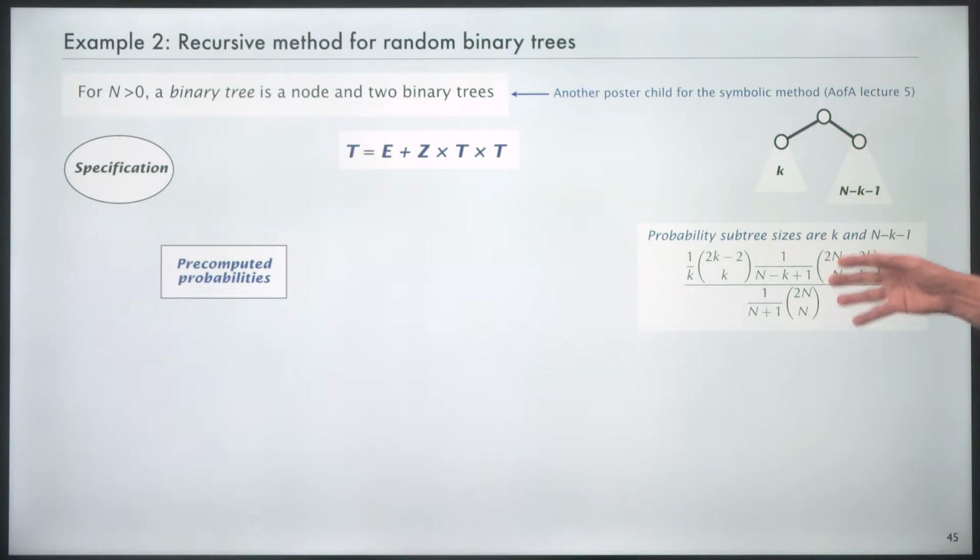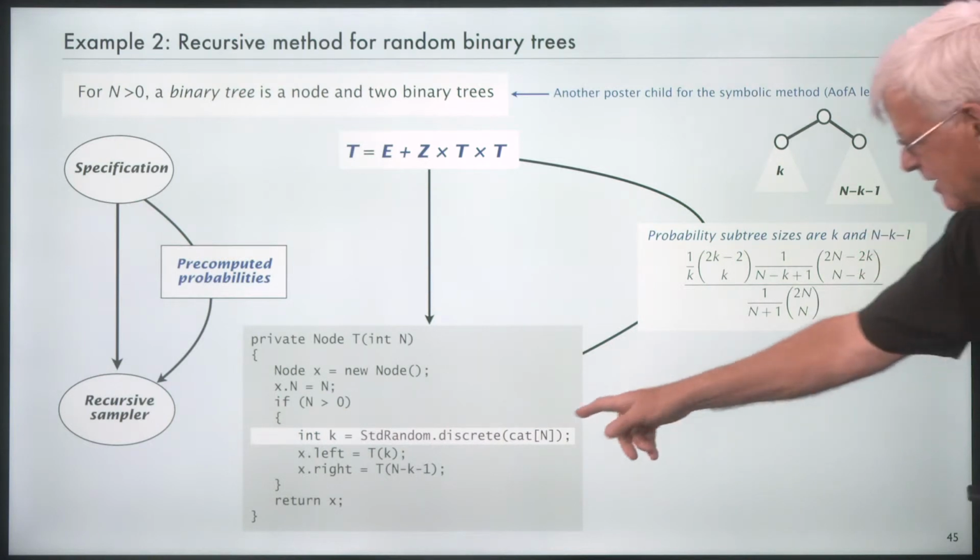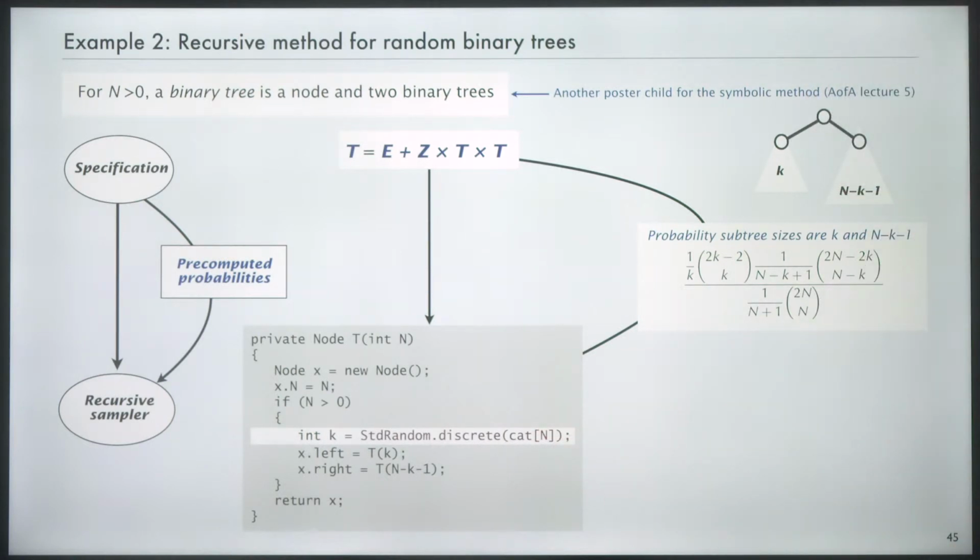The probability that the subtree sizes are k and n minus k minus 1 is given by this formula. That's the number of size k times the number of size n minus k minus 1, divided by the total number. We need that probability, and given that probability, held in an array called cat n, we can just call our discrete random number generator.